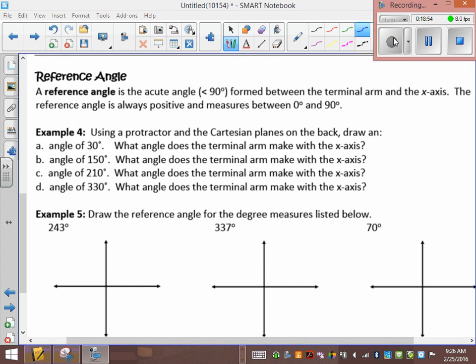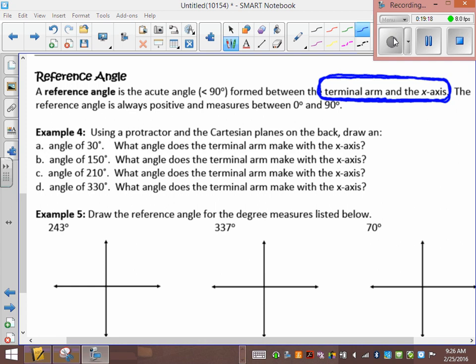We're going to underline terminal arm and x-axis. Extremely important. People try and do the terminal arm and y-axis all the time. So terminal arm and x-axis, very, very, very important, okay?